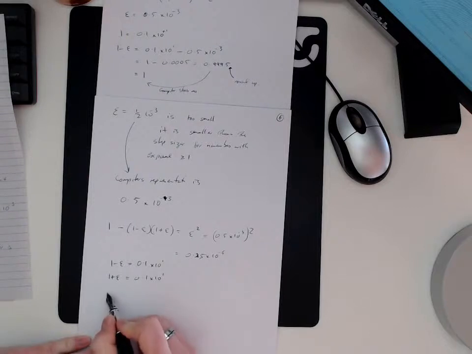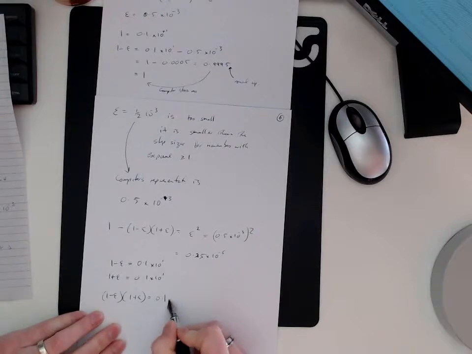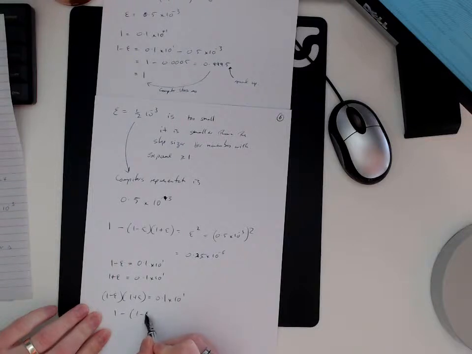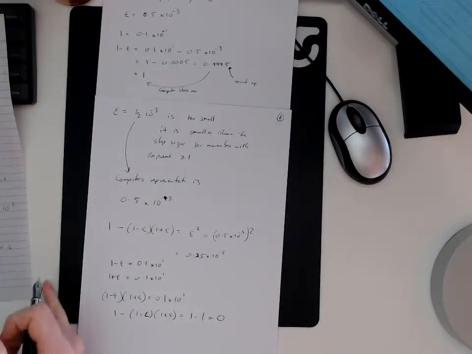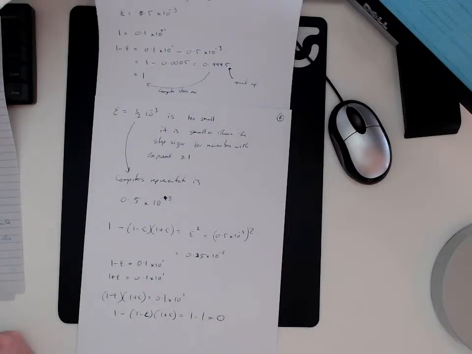So when you multiply these things together, you get, and hence 1 minus epsilon, 1 plus epsilon is equal to 1 minus 1. Which is a problem. Okay, well, apologies for the confusion there, but yes.